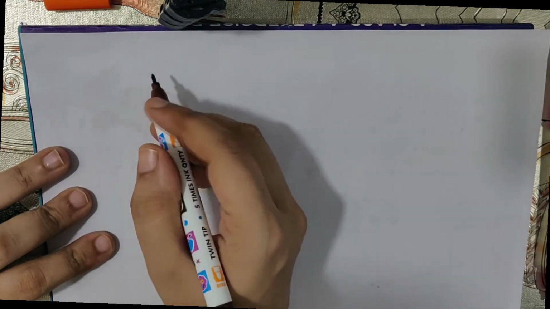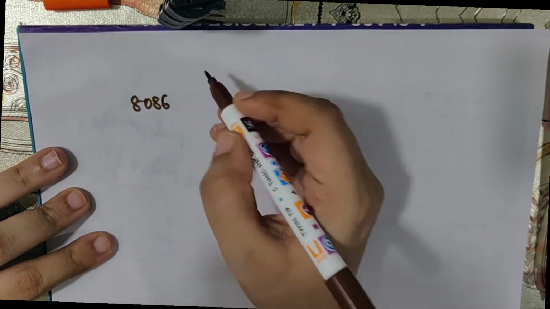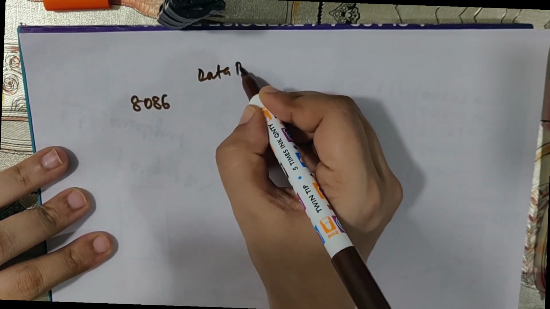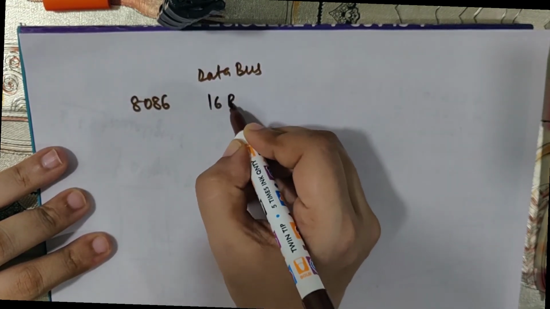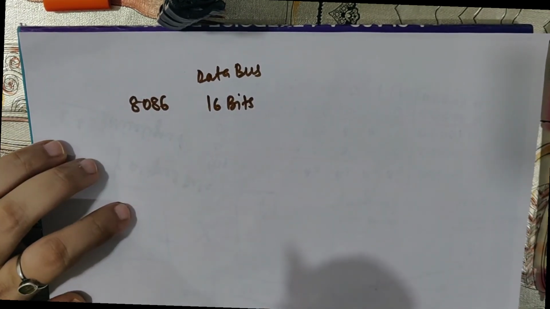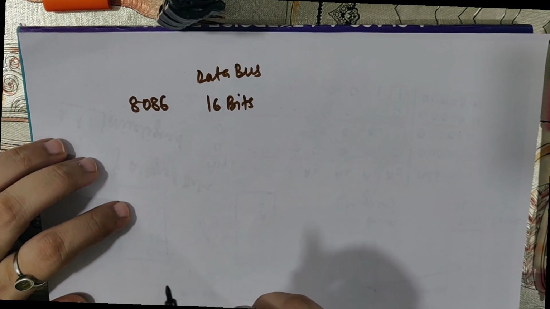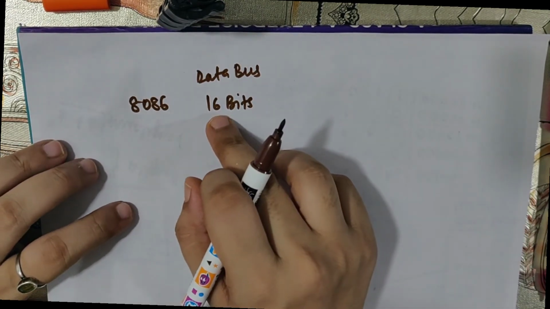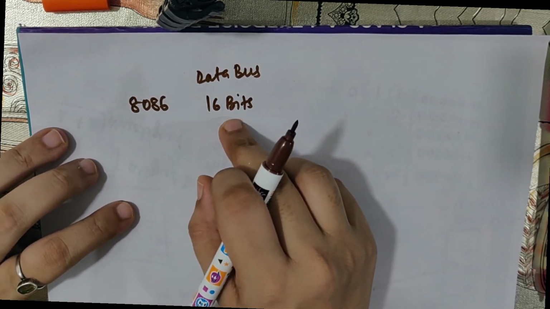So we have seen that in 8086 the data bus is 16 bits and the address bus is 20 bits. In one memory location only 8-bit data can be stored, but our data bus can carry 16-bit data in one cycle.